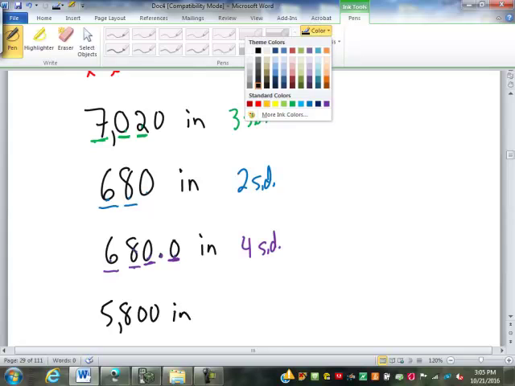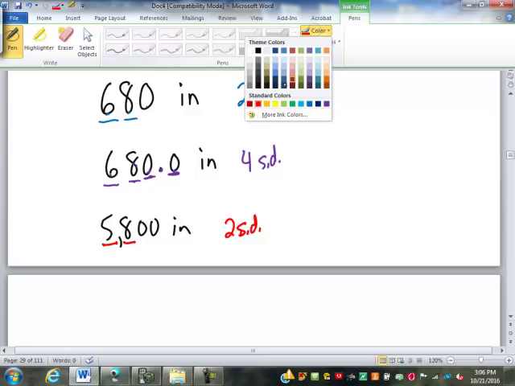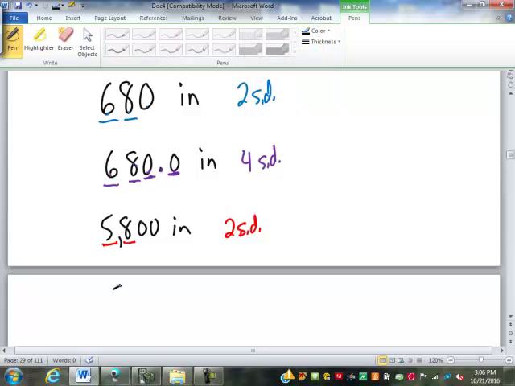How about 5,800 inches? 5? Yes. The 8, of course. How about my zeros? No. So this has 2 significant digits. What if I do that?